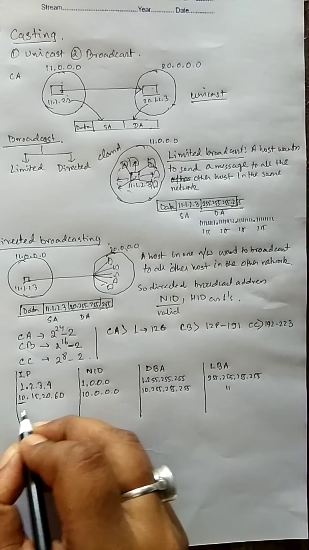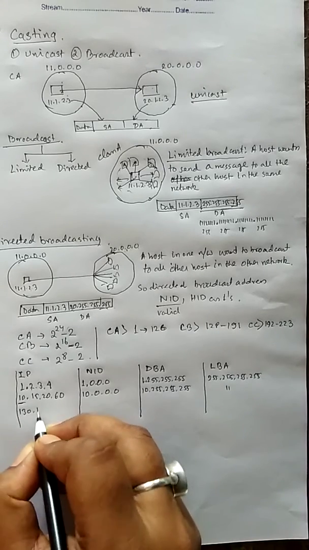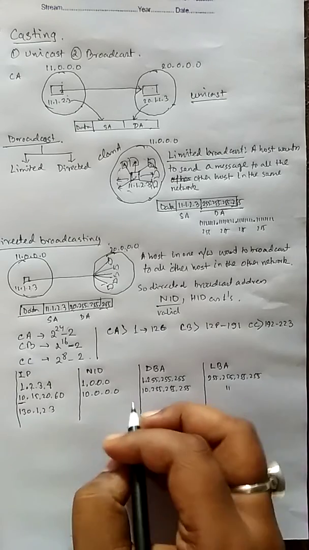Another example I take is 130.1.2.3. What will be the network ID?